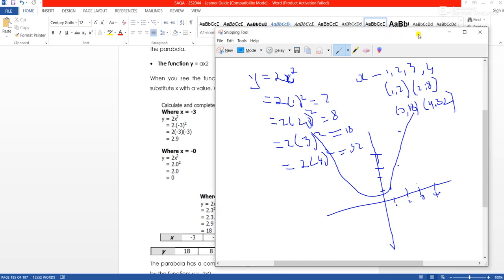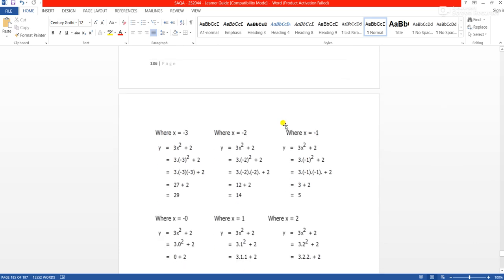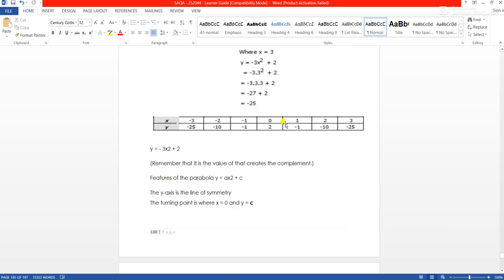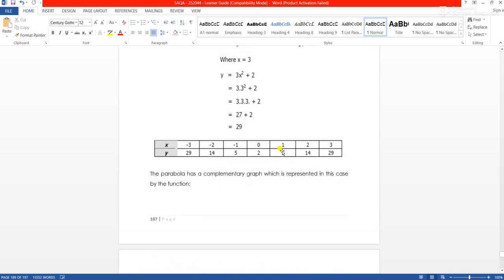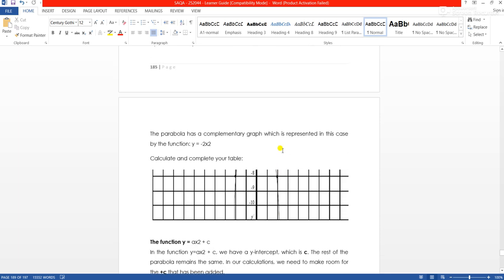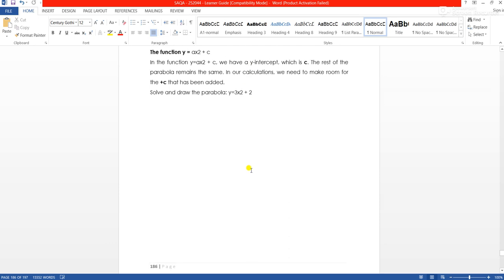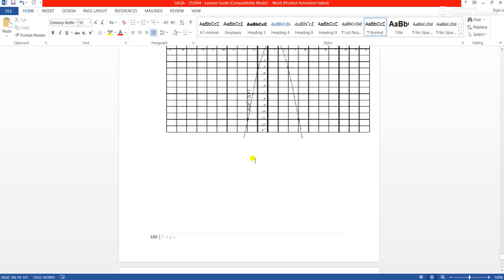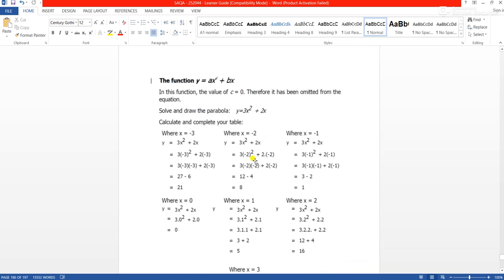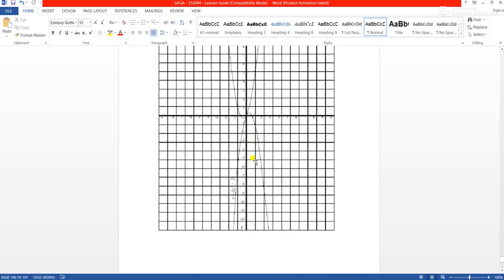Let's confirm that and check whether we made mistakes or not. Okay, yes. As you can see, this is our hyperbola. That is it in terms of the hyperbola and how you can draw it. These are just examples of the functions, and we've covered that.